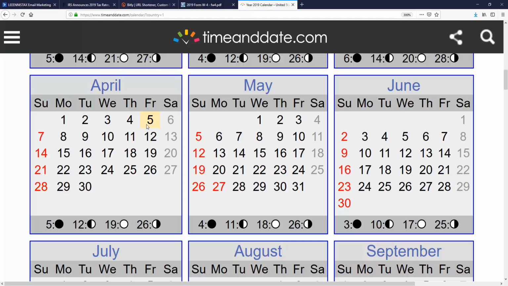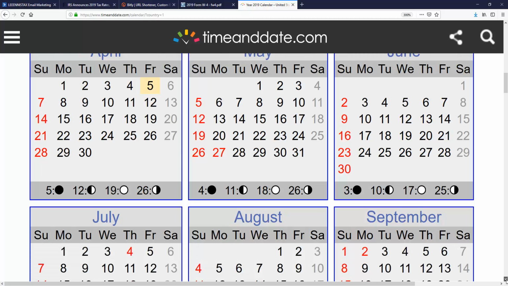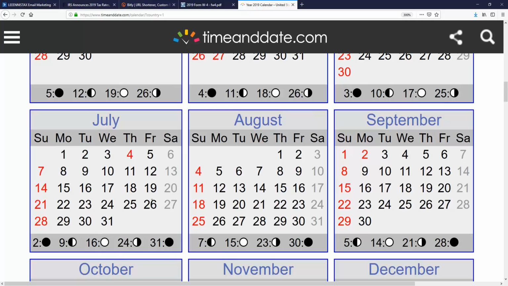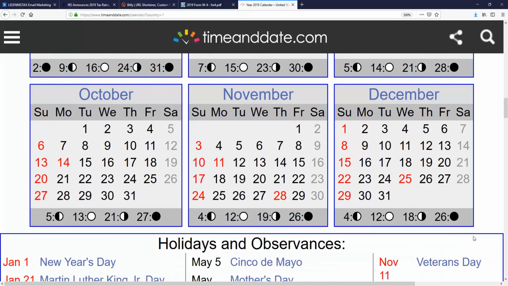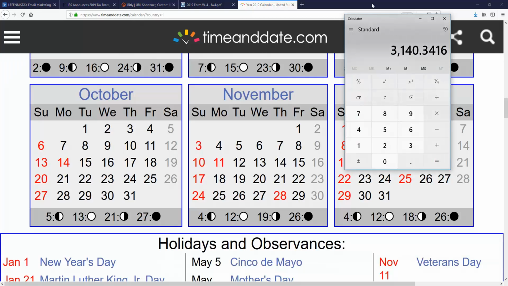Assuming that this is an April 5th paycheck, we're going to go 1, 2, 3, 4, 5, 6, 7, 8, 9, 10, 11, 12, 13, 14, 15, 16, 17, 18, 19 pay periods remaining for the year if we have an April 5th paycheck.